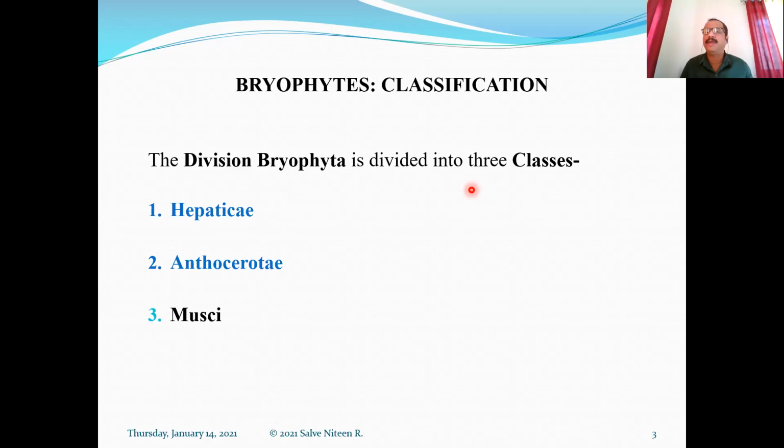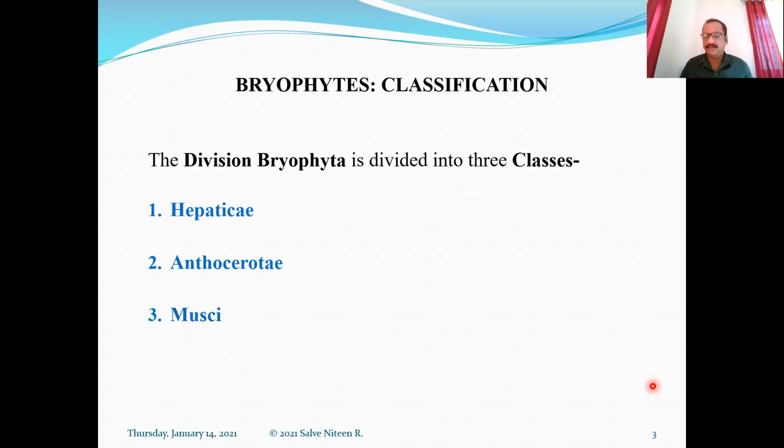Here you can see Hepaticae, Anthocerotae and Musci are not ending with opsida. Therefore, alternative names for these classes are given as per ICBN rules.